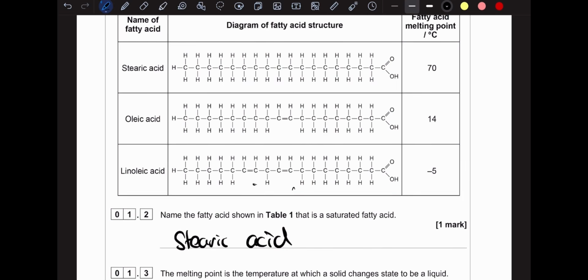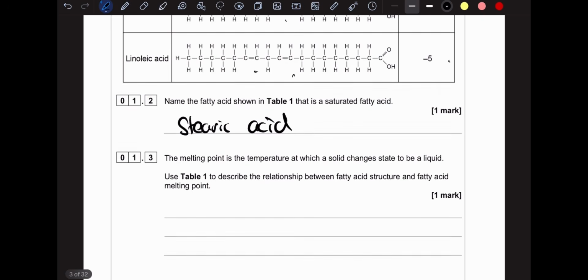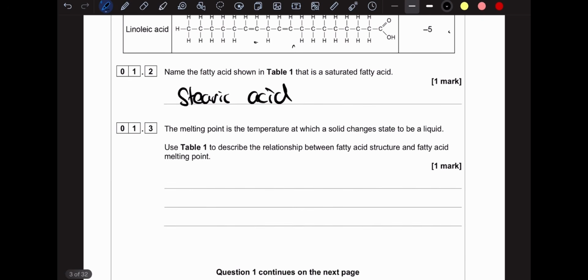We have multiple double bonds, and then we have a monounsaturated fatty acid with oleic acid, has one double bond, and then stearic acid, as we described, has no double bonds. And we're seeing melting point is going from high to lower to even lower. So based on this, it's quite clear that as we increase the number of double bonds, the melting point is decreasing. So how do we write this?